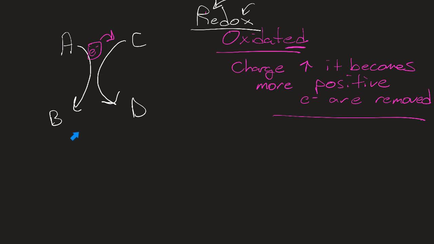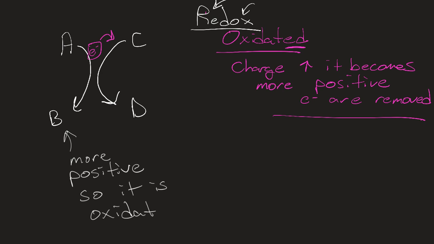It became oxidated. It became more positive. Now C became more what? Reduced, because it became more negative.